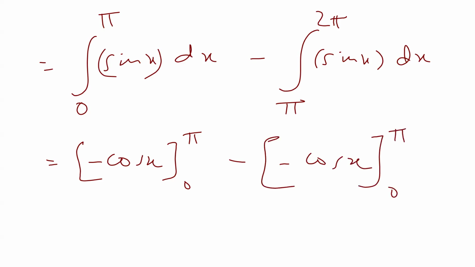Okay, now you can do box minus box and solve this further and get the required answer. Okay, we have done this thing in the previous problem, so you can just solve it on your own. Okay, now they are also asking in one of the problems, what is 0 to 2 pi cos x? Okay, 0 to 2 pi cos x.